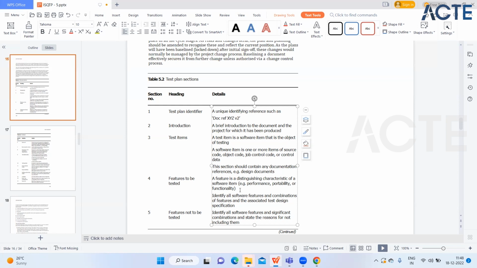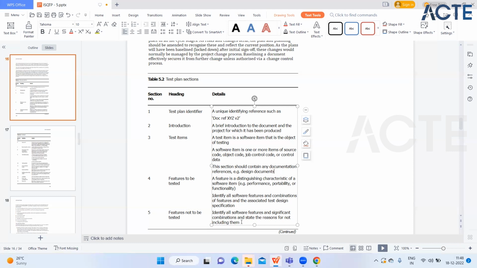Fifth one will be features not to be tested. You have to define this one as well, like what features we should not consider. Identify all software features and significant combinations and state the reason for not including them. For example, you are delivering the first phase of a software application, and you have to mainly focus on the functionality first, and in the second phase you will consider the security and other terms.